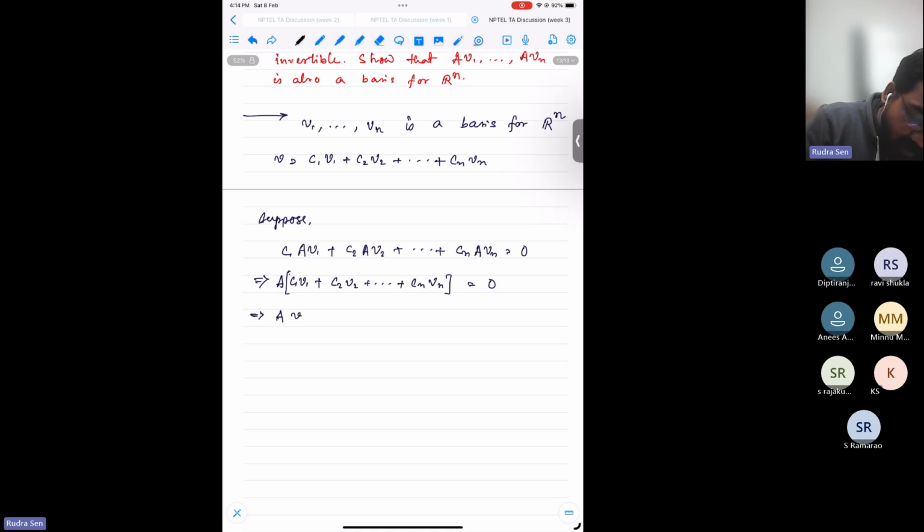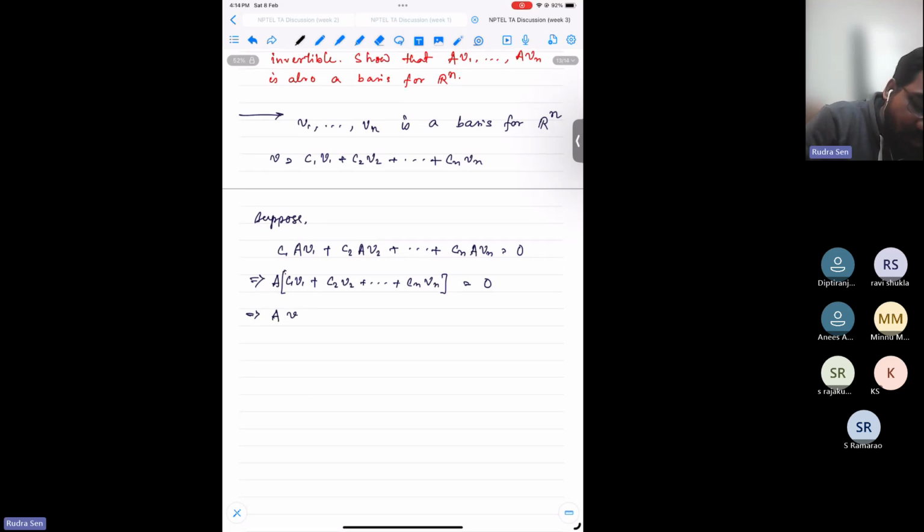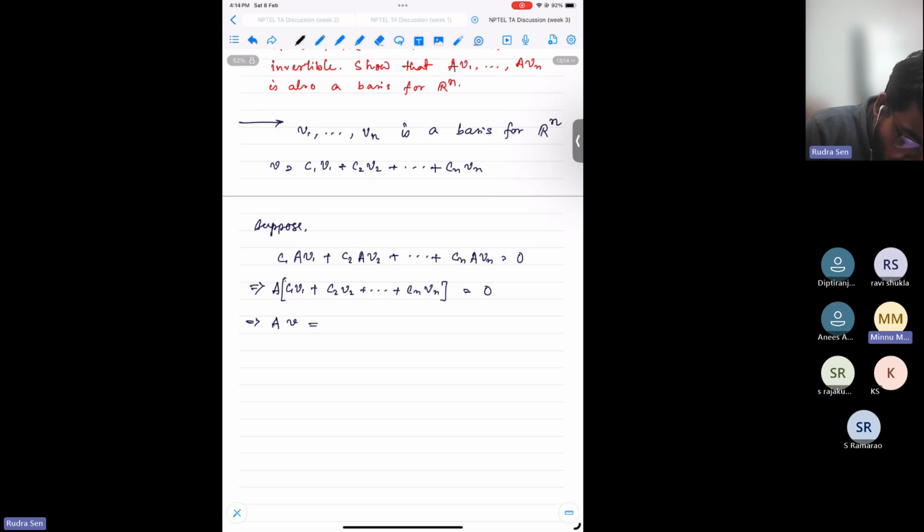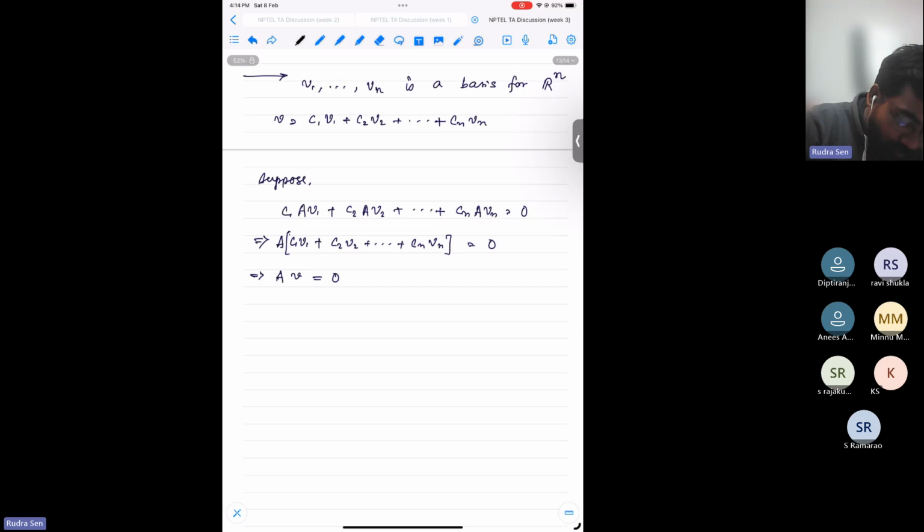Because I have already said that this combination is equal to V, that means AV equals 0. Here I have also said that A is invertible, which implies that A inverse exists.